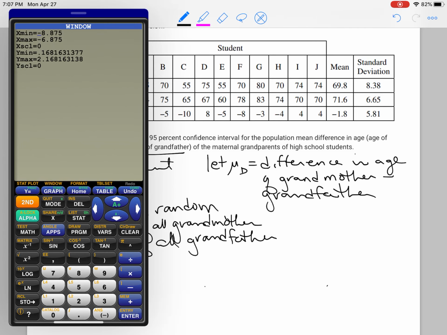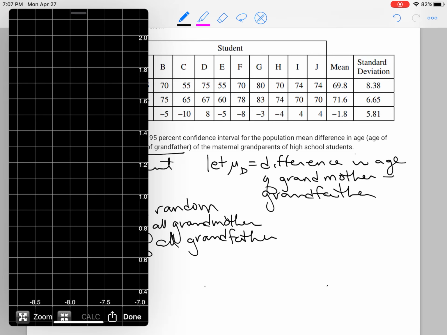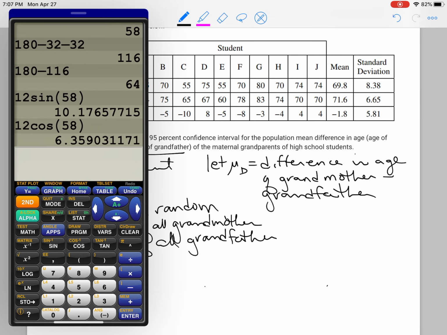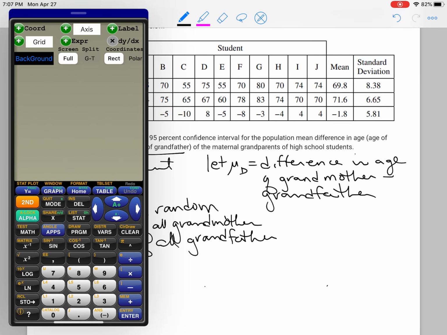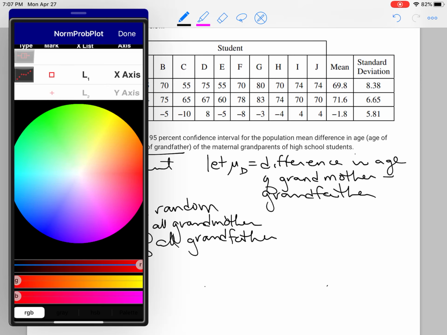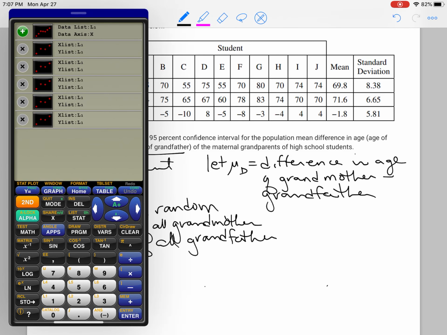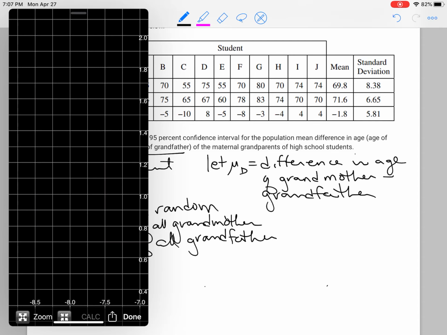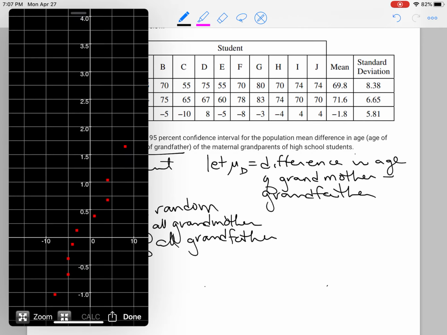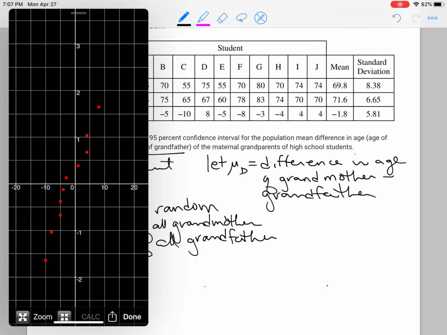Check our window. Why am I not getting a normal probability plot? Oh, there it is. I just have to zoom out.